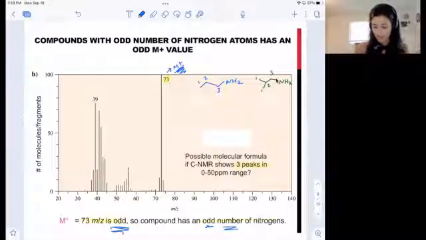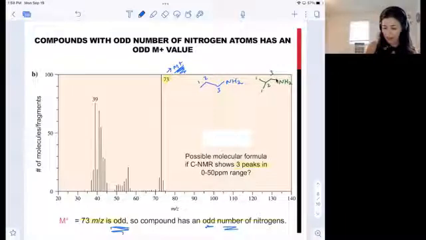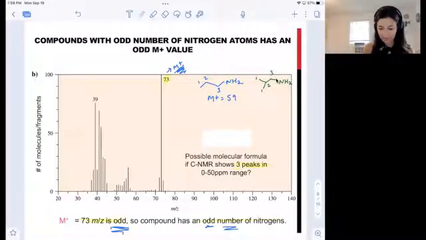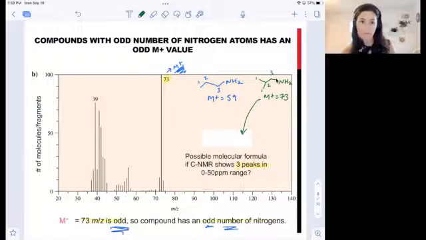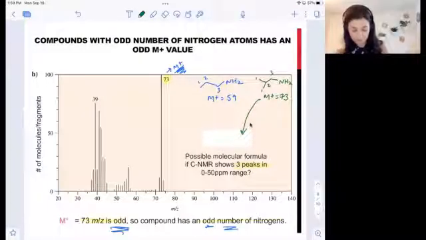The mass will be essential in differentiating them. If I look at the molecule in blue, I would expect an M plus equal to 59. Whereas when I look at the molecule in green, the M plus matches at 73. So this allows me to confirm the identity of the green molecule.